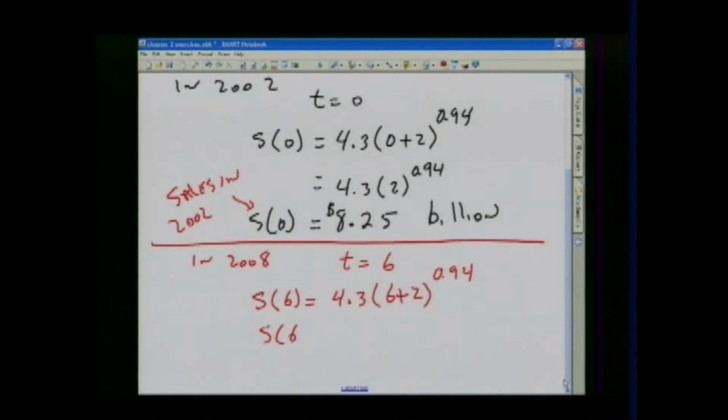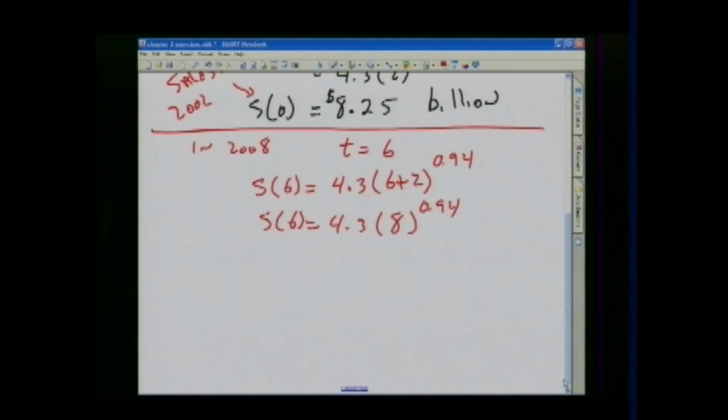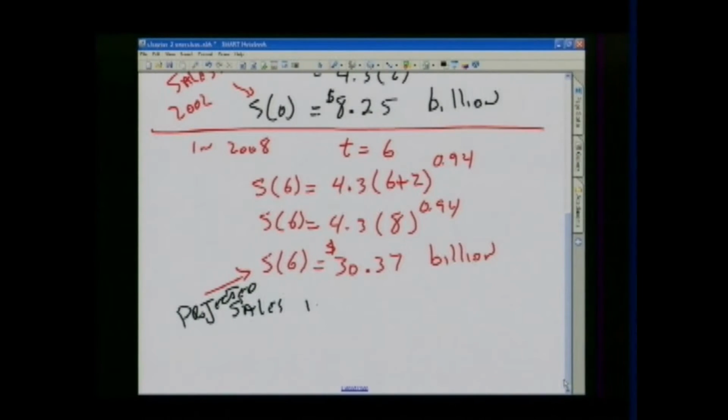Therefore, S of 6 is equal to 4.3 times 8 to the 0.94. If you use your calculator, you would get approximately 30.37 billion dollars. This is the projected sales in 2008.